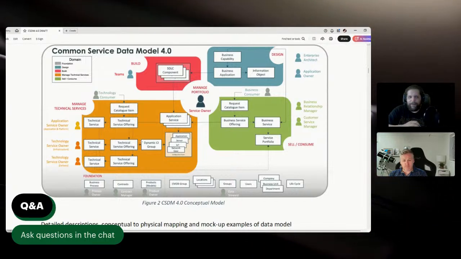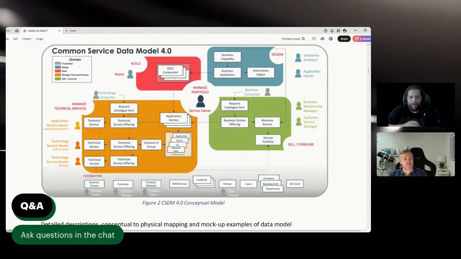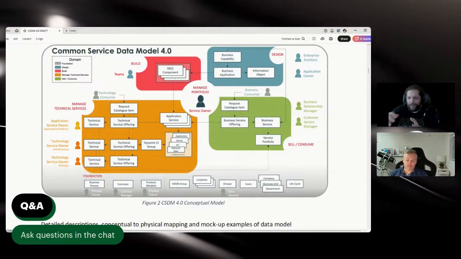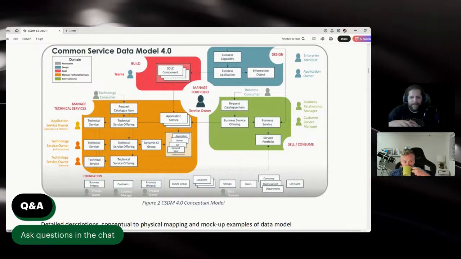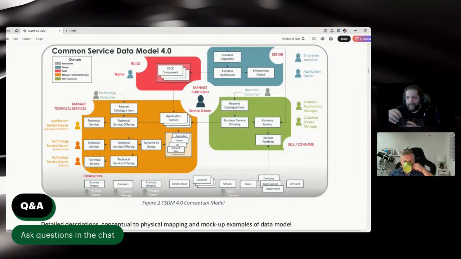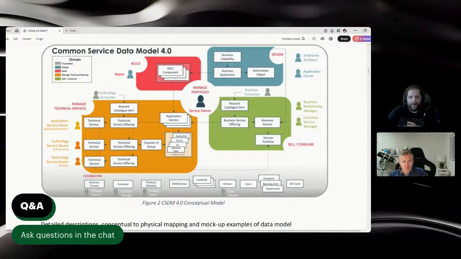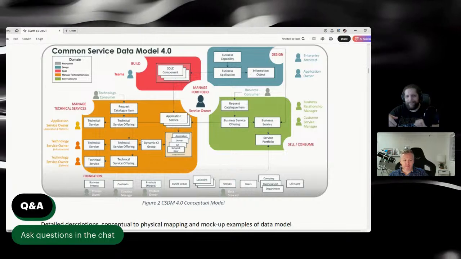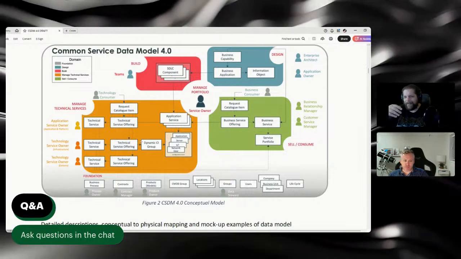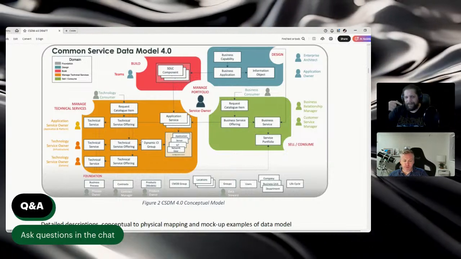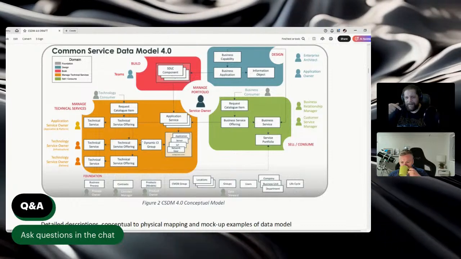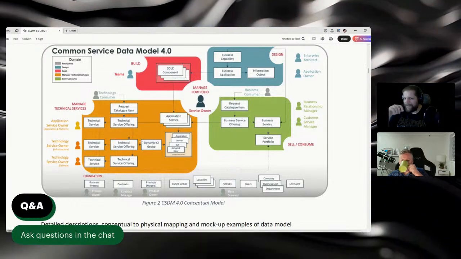And whenever someone is asking, but what is the difference between an IT technical service and a technical service offering, I understand that it is difficult to think about that, and I have a certain approach.